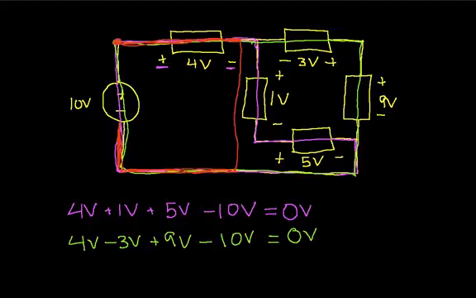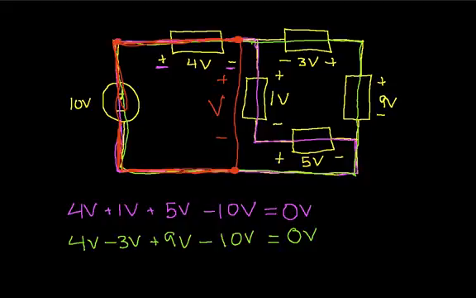I can still use this path because I have a path that goes through the circuit. The thing that I don't know, and which I might want to find out, is this voltage from this node up here to this node down here.